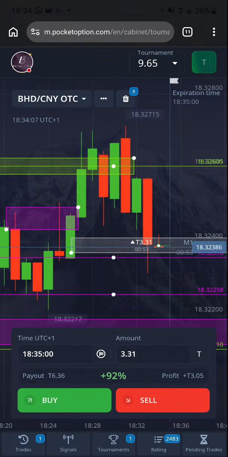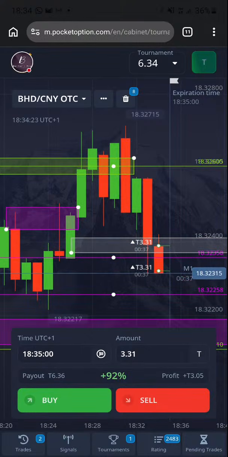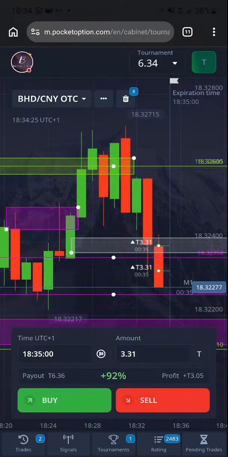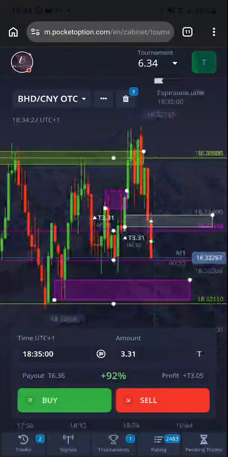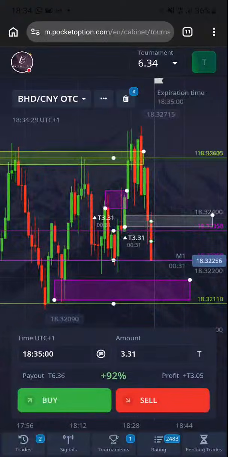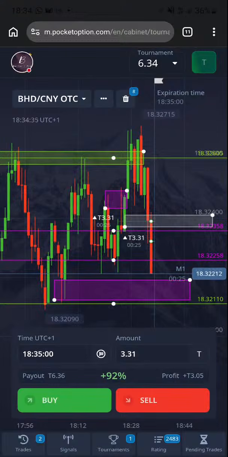If it goes down, I'll take one more. But we still have that red green pattern going. And this area is a demand area, so like I said, if it goes down, I'll take one more, unless they decide to break that red green pattern.